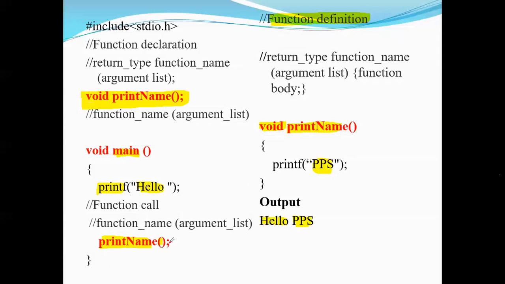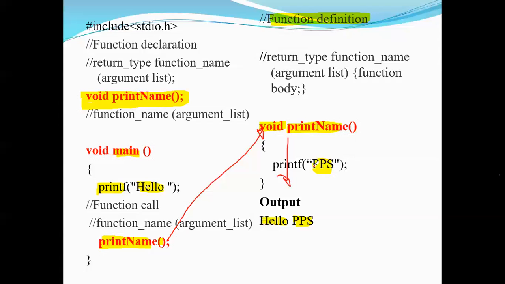When you call the function by its name, you are executing the entire program. Once the statement is finished, there is no return value, nothing written.